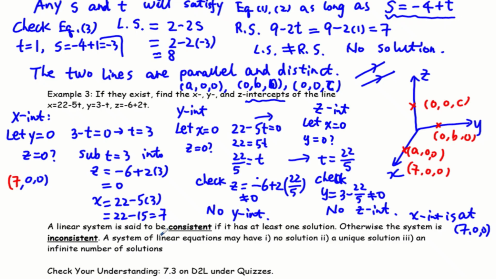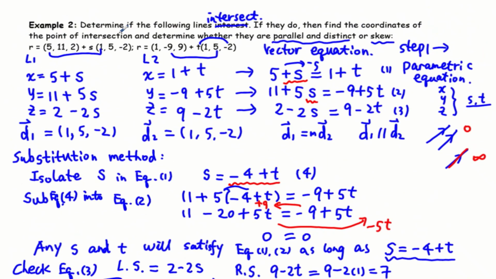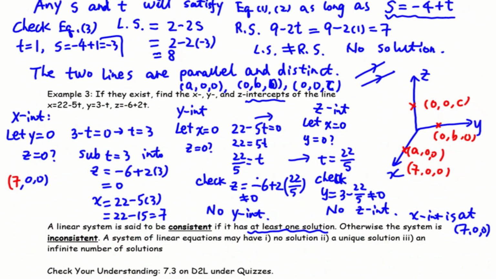So a linear system is said to be consistent if it has at least one solution. And from example 1 and example 2, you will see both linear systems are inconsistent.